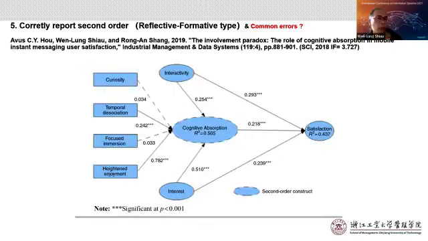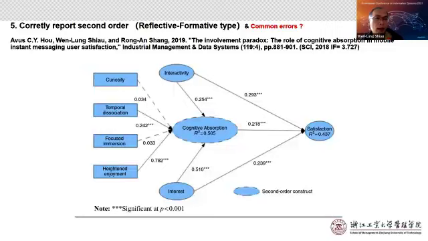The fifth one is the reflective and formative types. In the reflective and formative model, in a hierarchical model, especially for the second orders, we also see many wrong results over there. For the reflective and formative second order, we have 4 types.